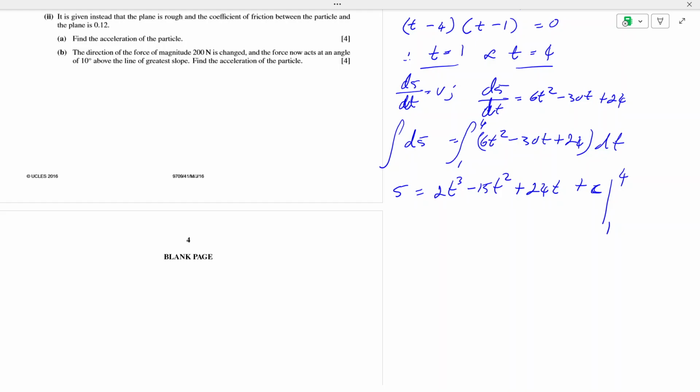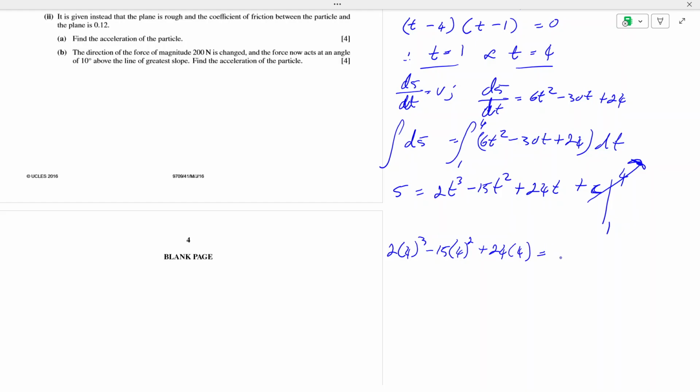And the distance is not a vector, just magnitude only, right? So I'm going to plug in when t is equal to 4. So it's 2(4)^3 minus 15(4)^2 plus 24(4), right?